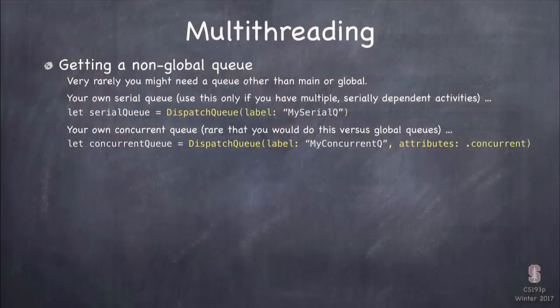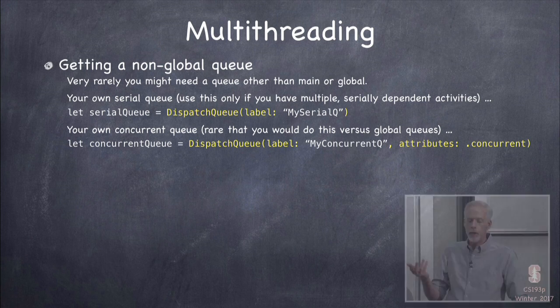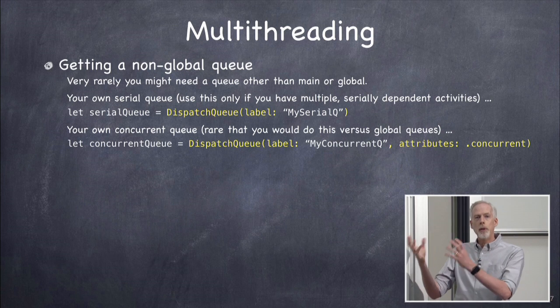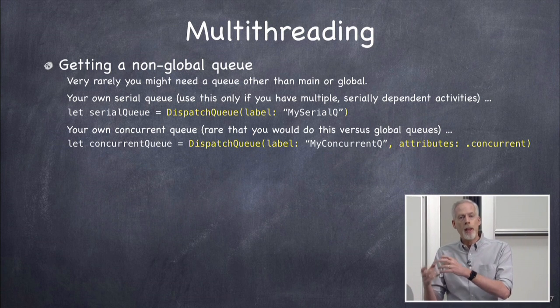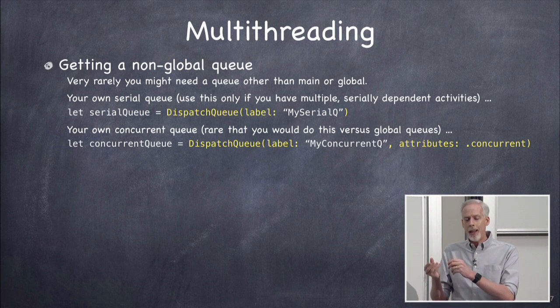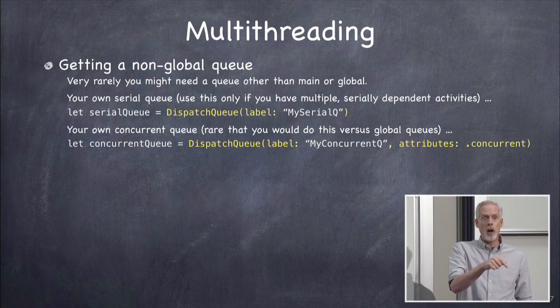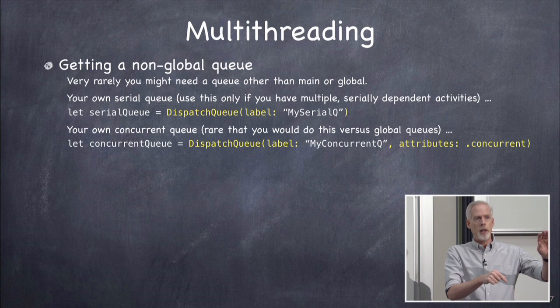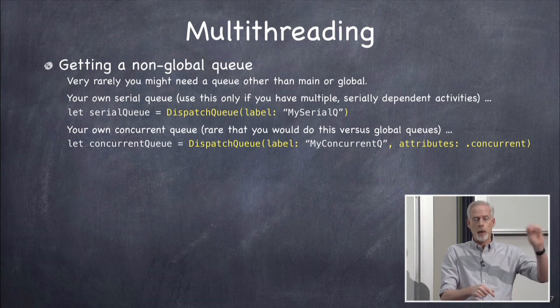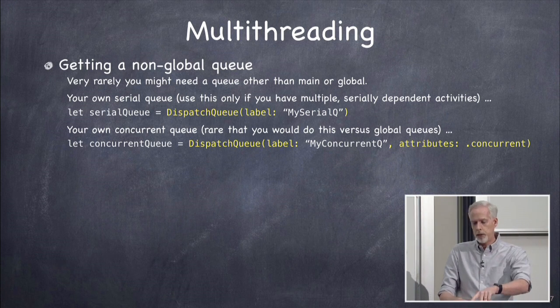Now, you can create your own queues just using a normal initializer of DispatchQueue. Instead of saying DispatchQueue.main or DispatchQueue.global, you use the initializer that takes a label. That makes a serial queue. And that label shows up in the debugger. If you pause and that queue is running a thread, you'll see that thread in the navigator on the left with this label.